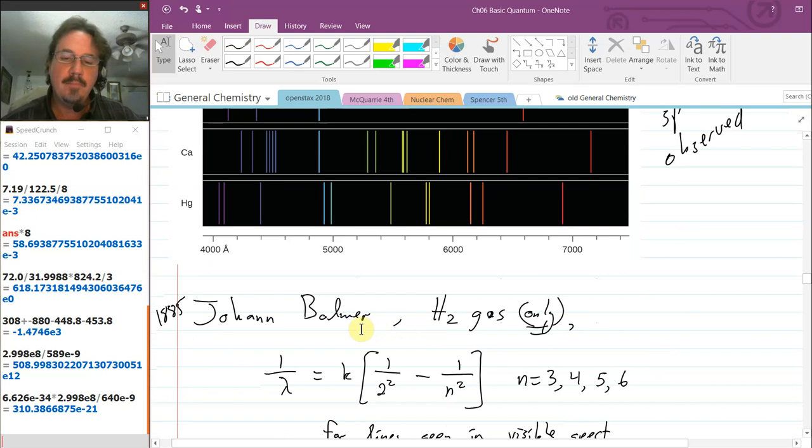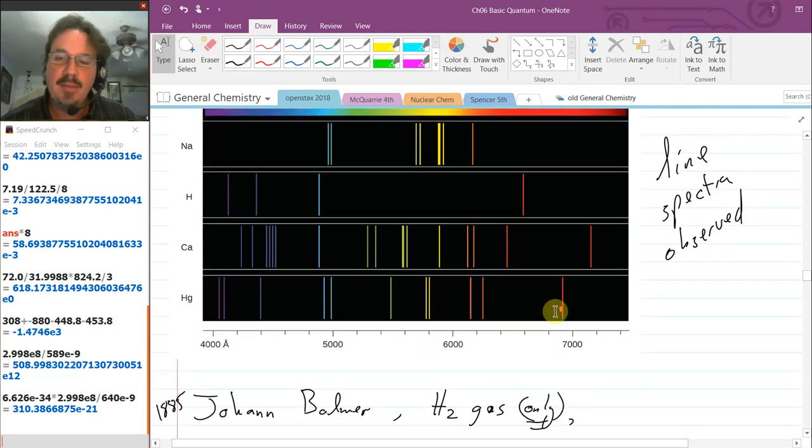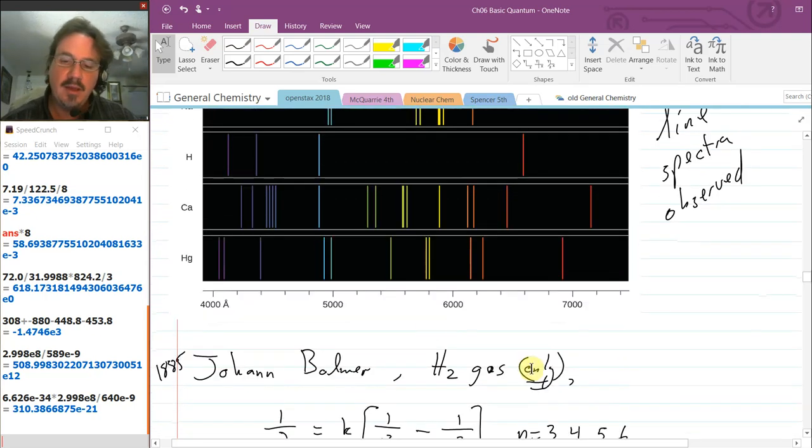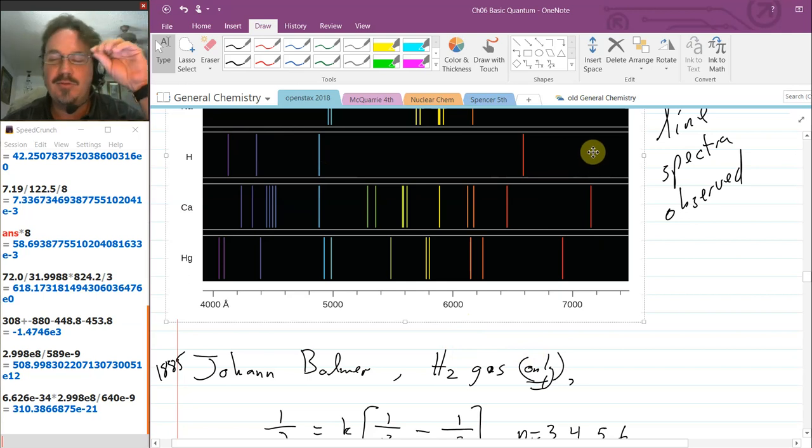All right, Johann Balmer was looking at and thinking about these line spectrums, right? And he's looking at hydrogen gas, which has these 4 lines coming off of here. And again, as we saw before with blackbody, he couldn't explain why, but he did figure out a nice way to predict what these lines are.